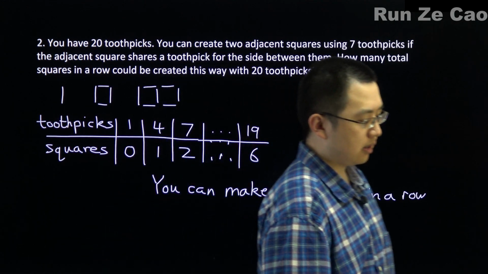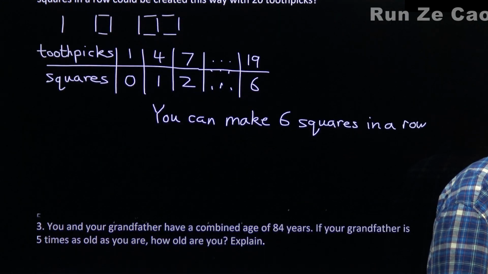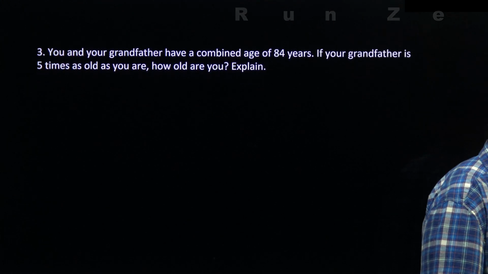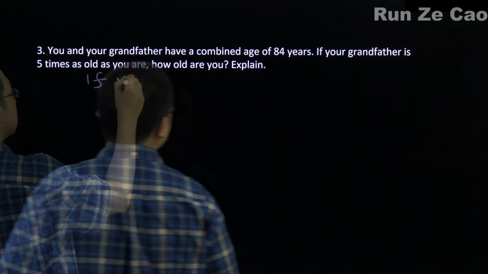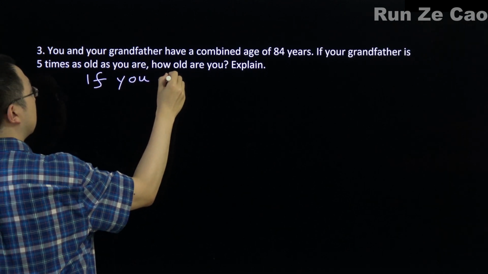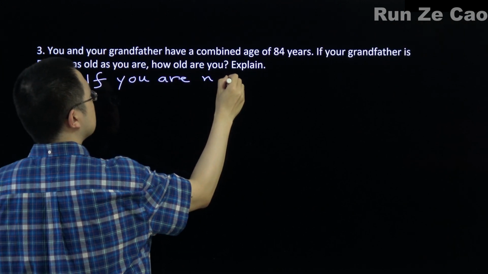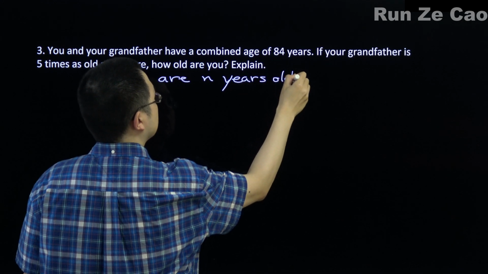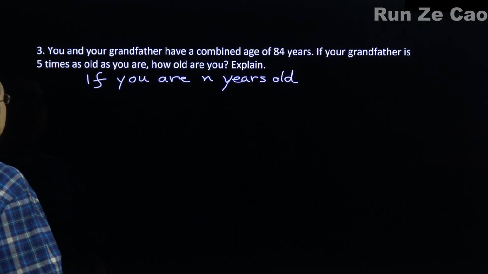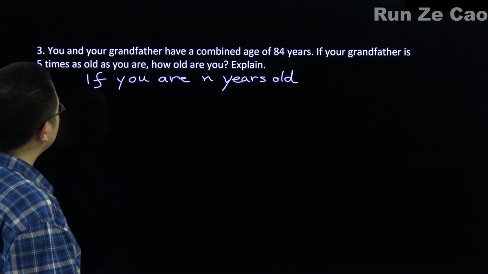Alright then. Let's say you and your grandfather have a combined age of 84 years. So let's say you are n years old. Okay. And your grandfather is 5 times as old as you are.